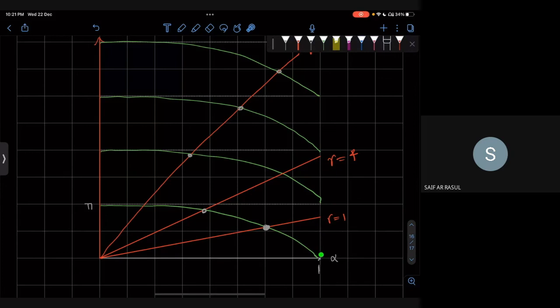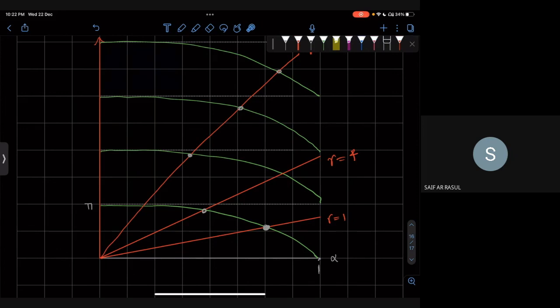But it doesn't matter how shallow the potential well is, it's always going to intersect with this first curve, right? Do you agree? So that means that there's always going to be one solution. Okay. So this is in contradiction to what I said.